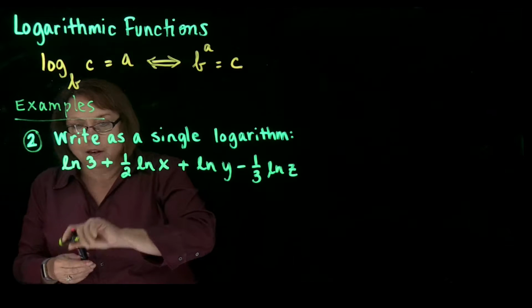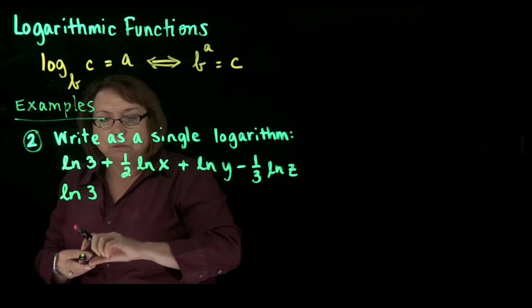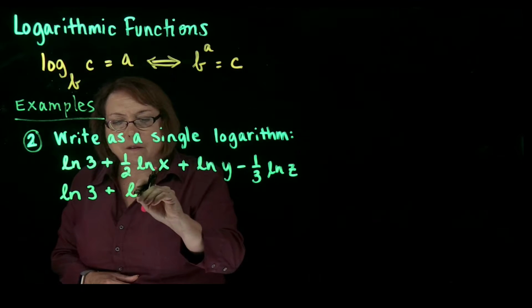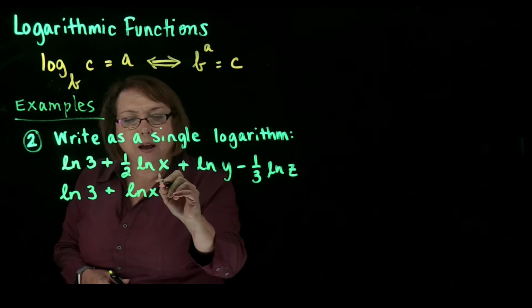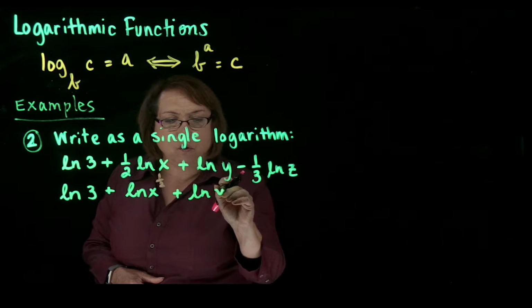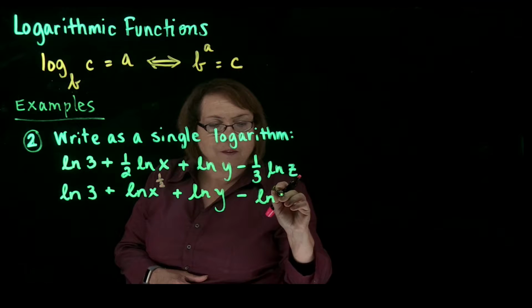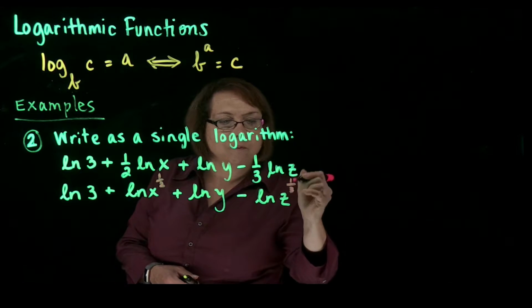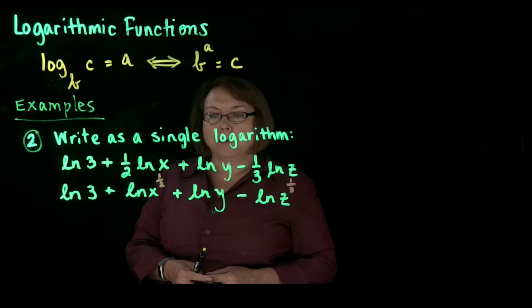So let's rewrite these so that we have natural log of x to the 1/2 power, plus natural log of y, minus natural log of z raised to the 1/3 power. That'll make it a little easier for us to combine our logarithms.